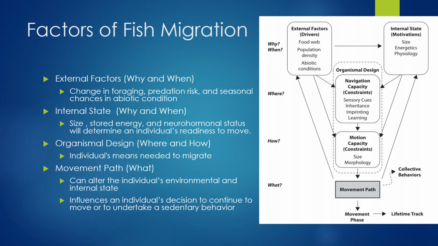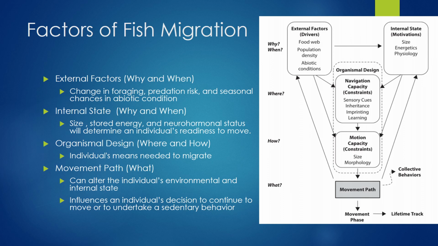And we also have to look at the where and how of the organizational design of the individual. So they're going to have things like sensory cues, inherent imprinting, learning, and size and morphology, which are all going to play a role in the individual's ability to migrate.